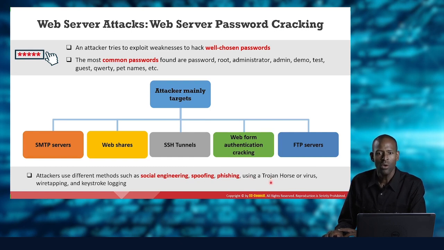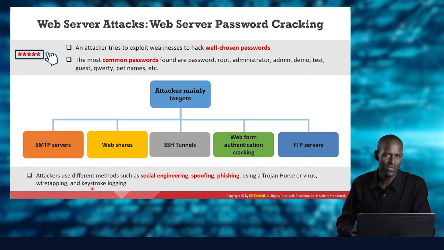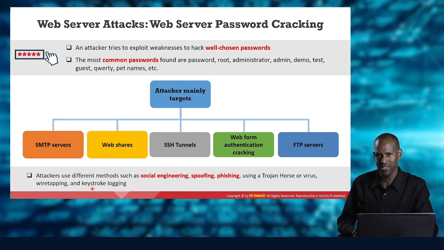Still doesn't work? Well, maybe we can do some wiretapping and listen in on what people are saying, or sneak into that company carrying a ladder with a uniform on and make it all the way back to the system administrator's workstation and plant a keylogger and just wait till I collect all the passwords from the keylogger. There's so many different ways that an attacker can crack a web server password.